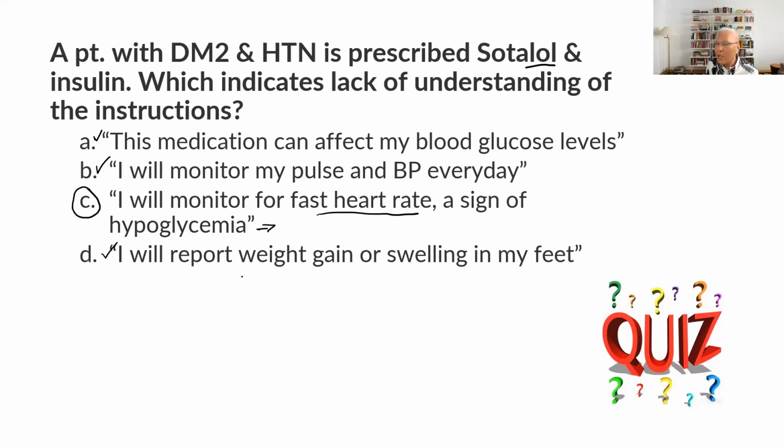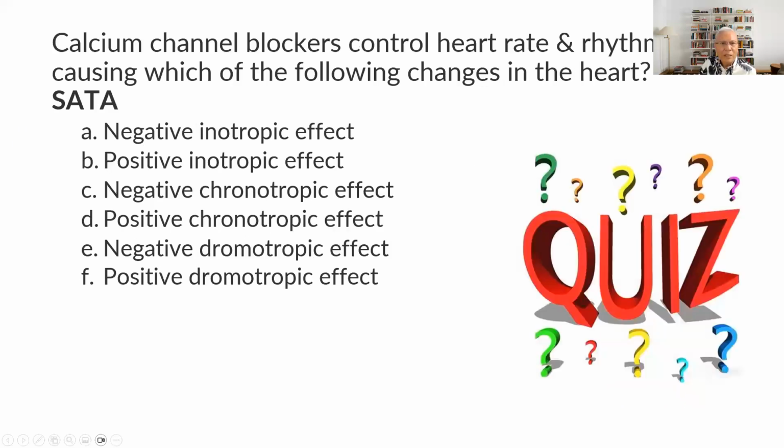This is correct because a problem with the use of beta blockers might be weight gain. So letter D is the correct response. So this is the one that's incorrect, which denotes lack of understanding. Okay. Let's go to the next one.